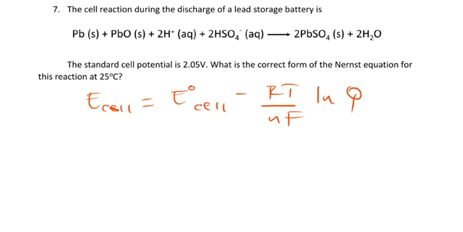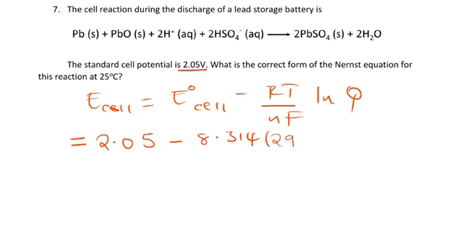So this is going to be easy. The standard cell potential has been given to be 2.05 minus RT. The R there is already known to be 8.314. The temperature, 25 degrees, is equal to 298 Kelvin, since you add 273.